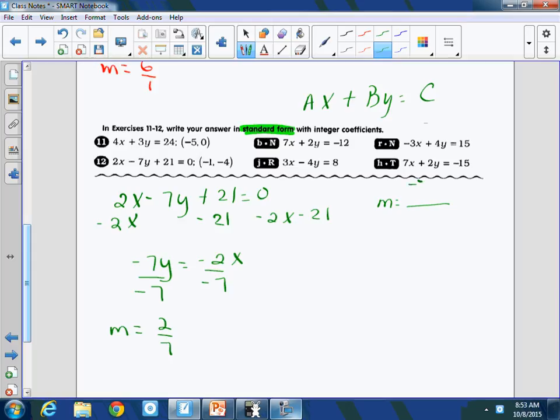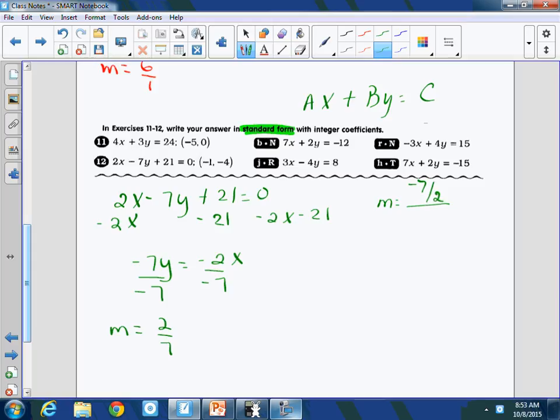So -7/2. Now do I have to find mine? No, because negative divided by negative would be positive, and then the opposite of that would be negative again, okay? Do we understand why this one's positive? Because it's a negative divided by a negative.